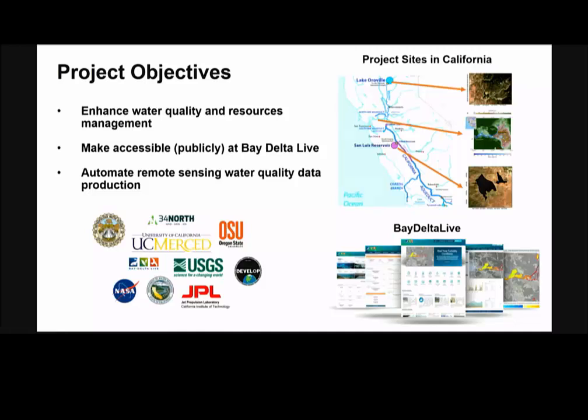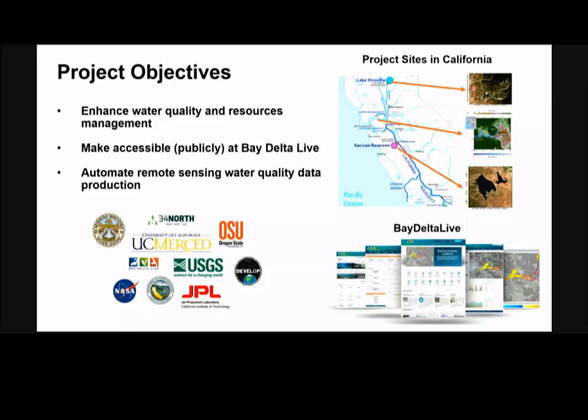We're also working with Oregon State University, but a couple of our key partners are the Metropolitan Water District and the California Department of Water Resources. And we continue to have additional conversations to try and expand that kind of partnership group. And I also wanted to mention 34 North, who we've been working with as a way of getting our data archived and available more broadly through the Bay Delta Live portal.